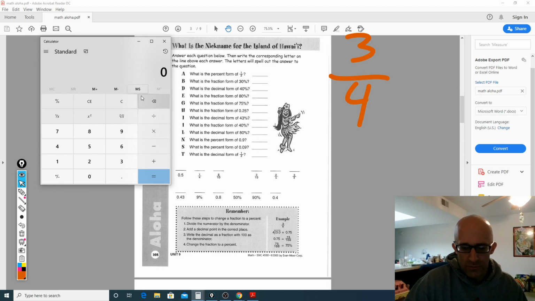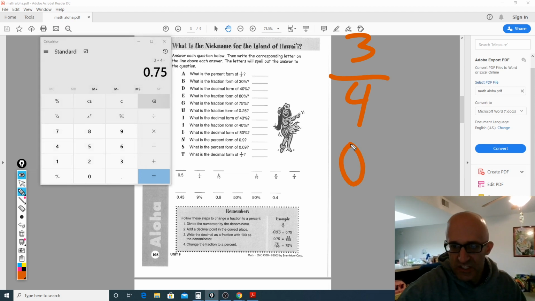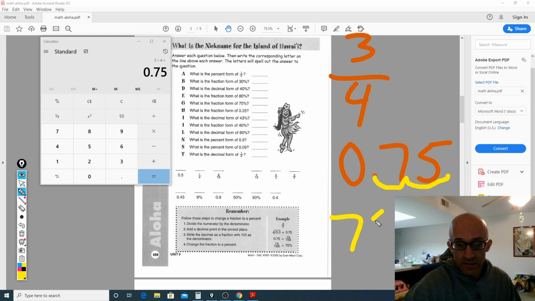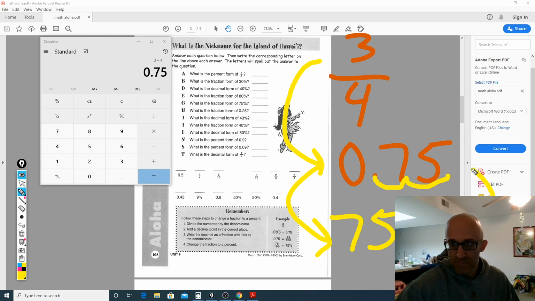I take 3 and divide by 4, and look what you have, a nice big old decimal, 0.75. Now we remember from changing a decimal to a percent, we move that decimal point 2 to the right, which makes the percent 75%. So fraction to decimal, decimal to percent. And can you move back and do it this way? Yeah, definitely can.